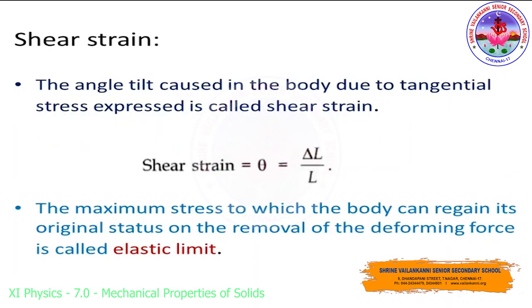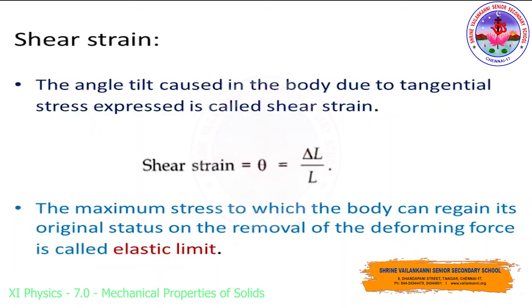What is shear strain? See, the angle tilt caused in the body due to tangential stress is expressed as the shear strain. So we can say that it is the angle theta through which a face originally perpendicular to the fixed face is turned.